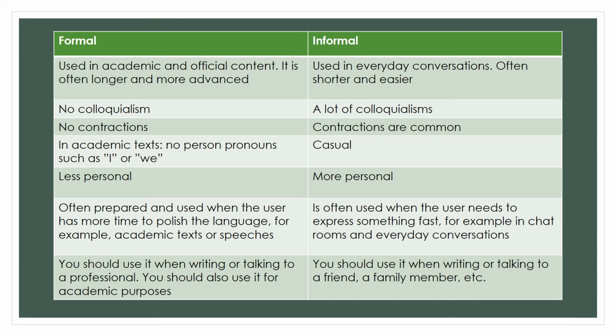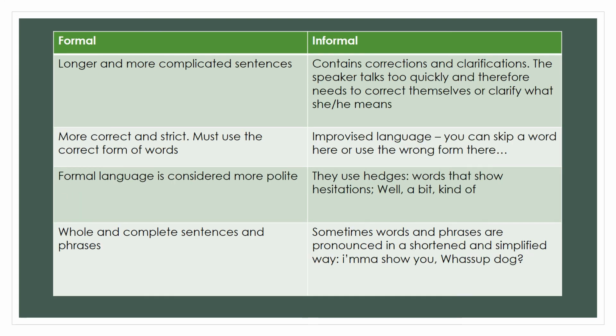Informal language, like I said, you should use it when writing or talking to a friend or a family member and so on. Let's go back to formal language. Formal language, well, the sentences are often longer and more complicated.